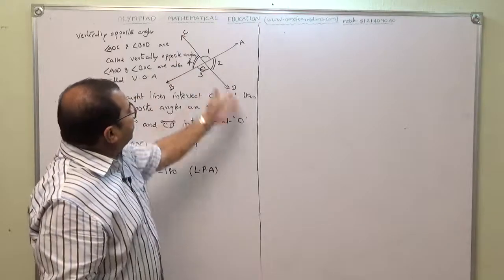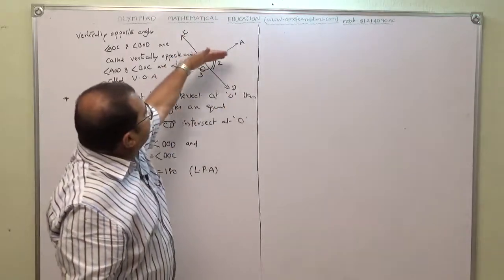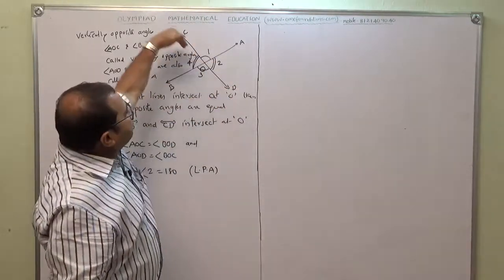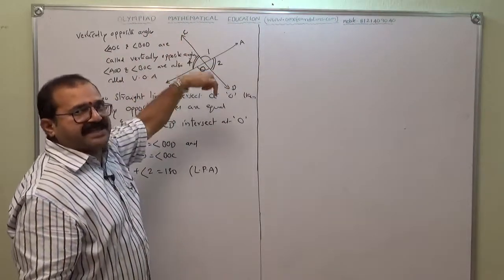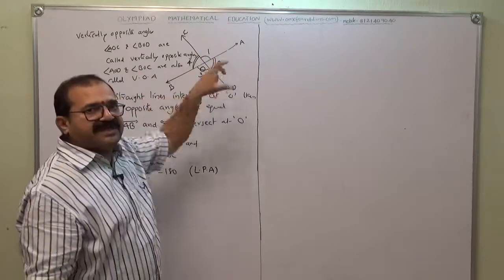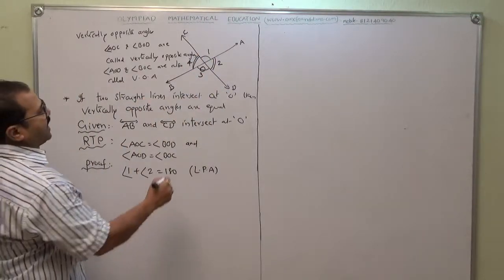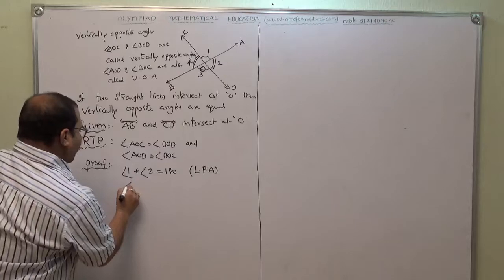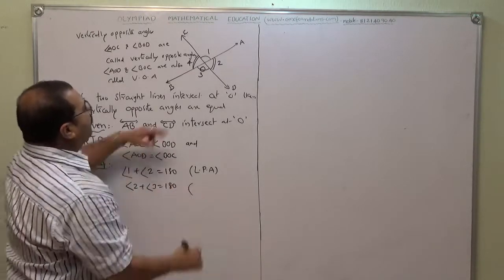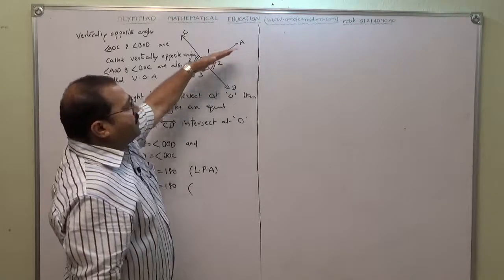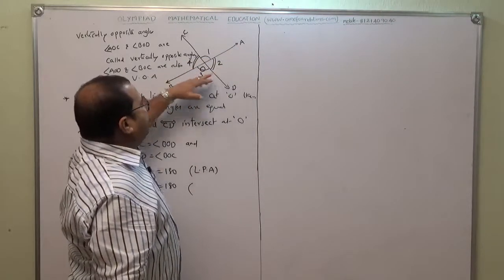CD is a straight line, and these are adjacent angles. Adjacent angles on a straight line form a linear pair. There is no proof for that, it is an axiom. So angle 1 plus angle 2 is 180 degrees. As well, angle 2 plus angle 3 is also 180. Here also, AB is a straight line, so it is a linear pair.